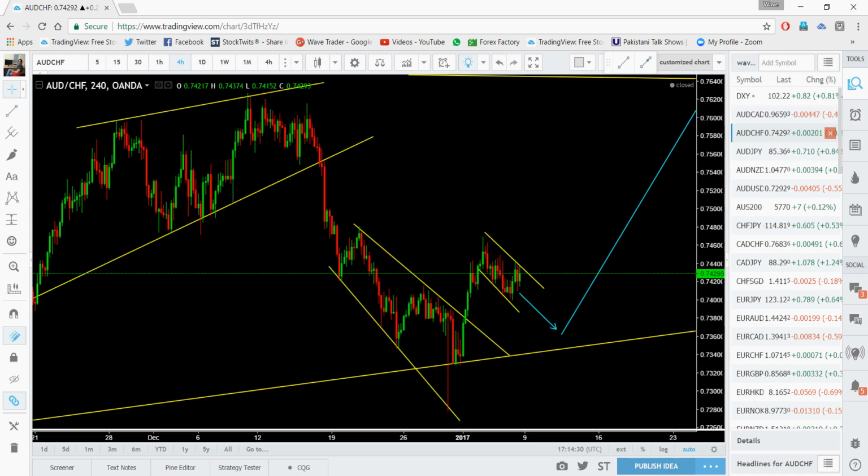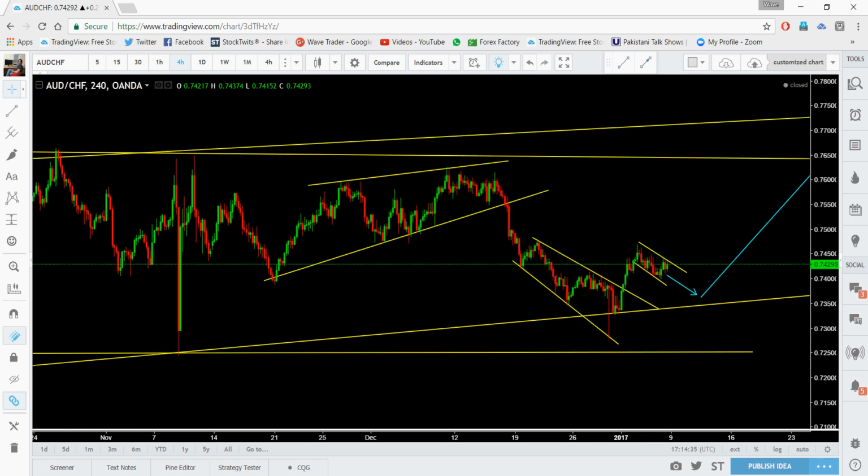So USDCHF is forming a trend continuation pattern. All right, so we were anticipating this trend continuation pattern before its formation.